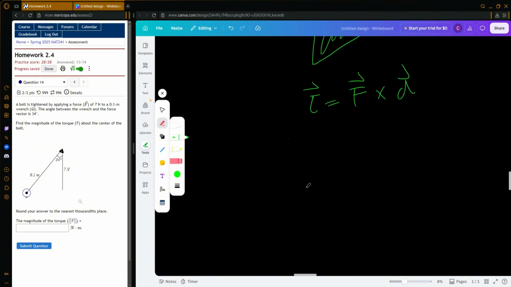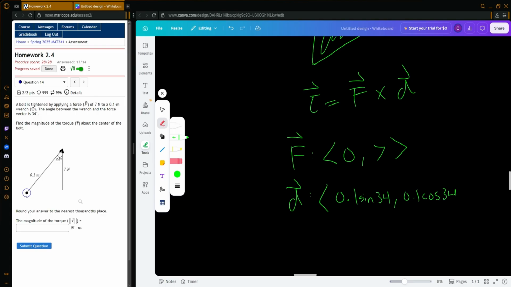The force vector is just a straight up 7. So that's nice. Force vector goes 0 in x, 7 up in y. The distance vector is going to be 0.1, the magnitude, times the x component, which is sine of 34, and the y component is cosine of 34.